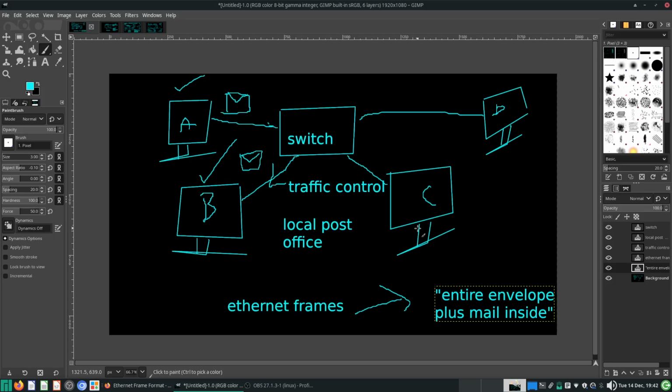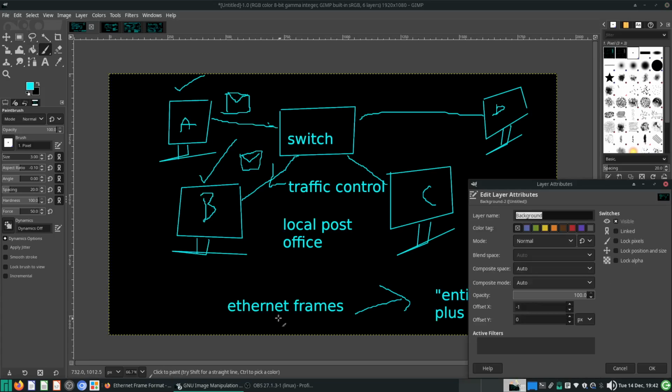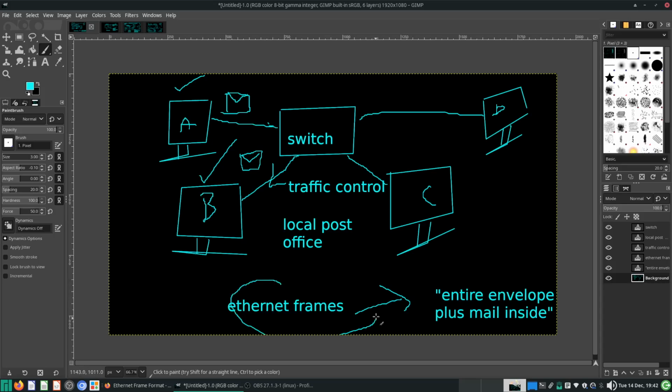So the way to do it is to use this switch, which will contain all these addresses and everything bundled inside this thing called an Ethernet frame, which is the entire envelope plus the mail inside.